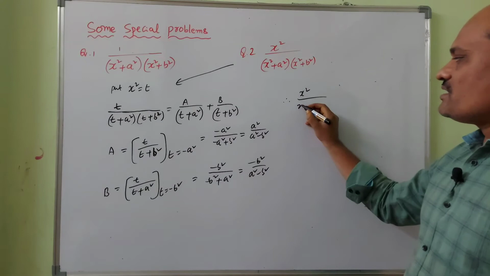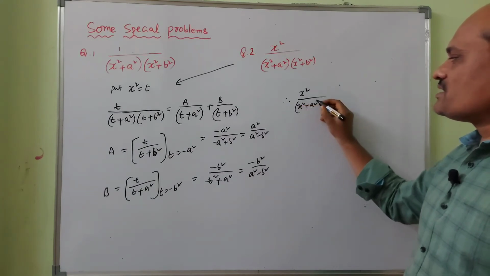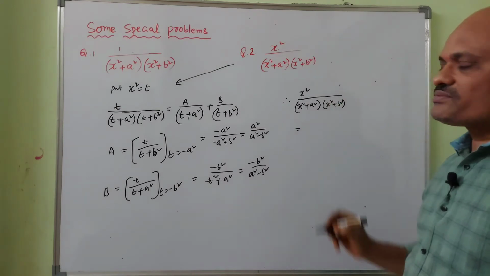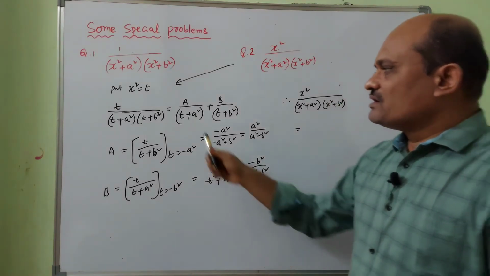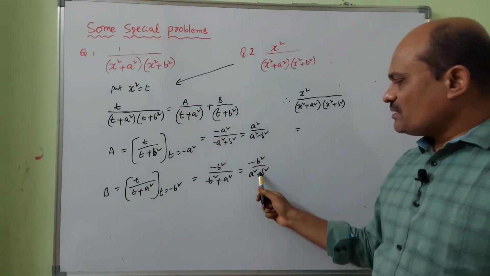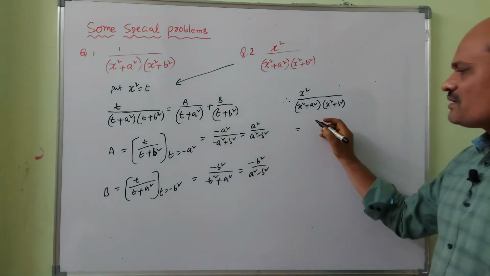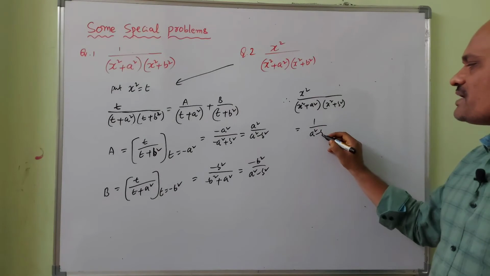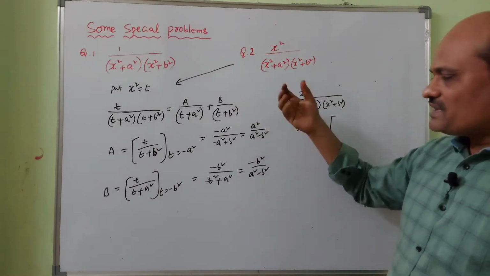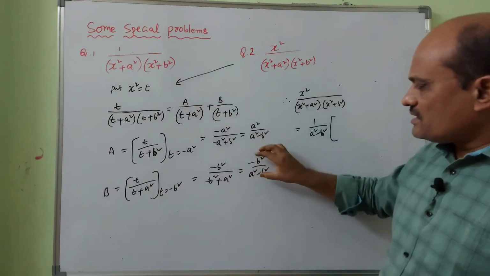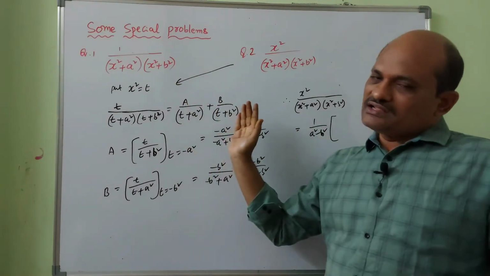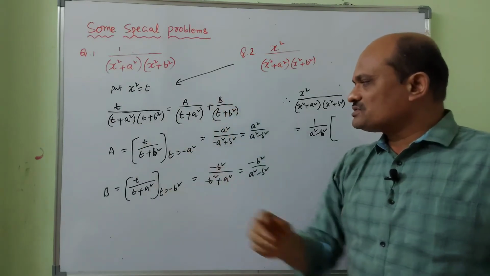X square by x square plus a square into x square plus b square is equal to the partial fractions. First you write a, and b here. What will be the common? 1 by a square minus b square will be common in both terms, so take it out.